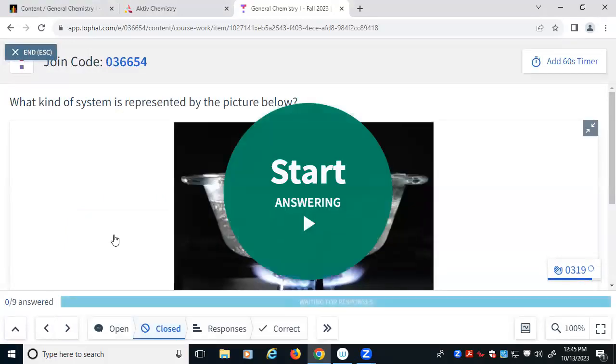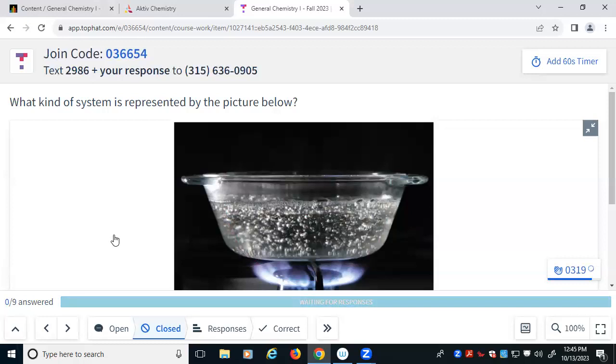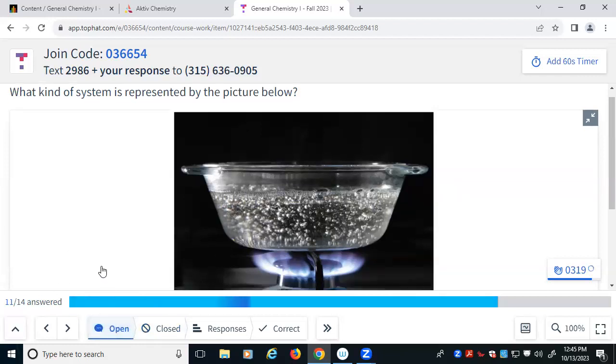Let's do a couple of review problems here. Here I have a pot of boiling water. What kind of system is this? Open, closed, or isolated? Get your answers in real quick here. Right away, we can throw out isolated.